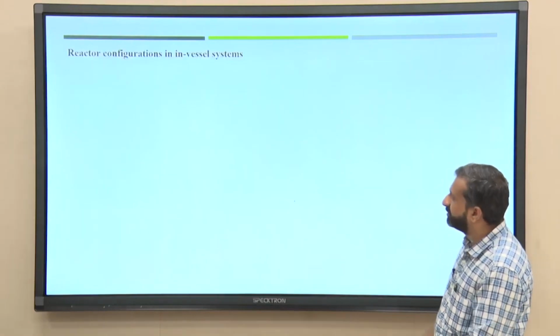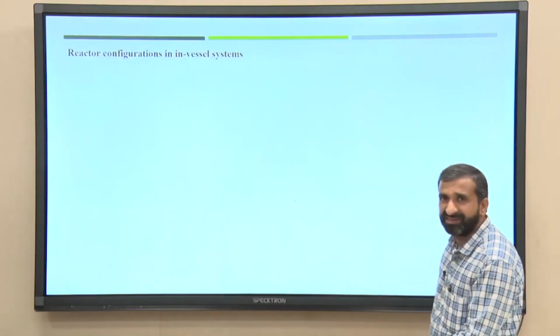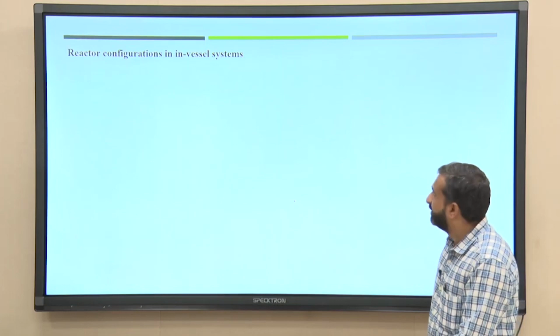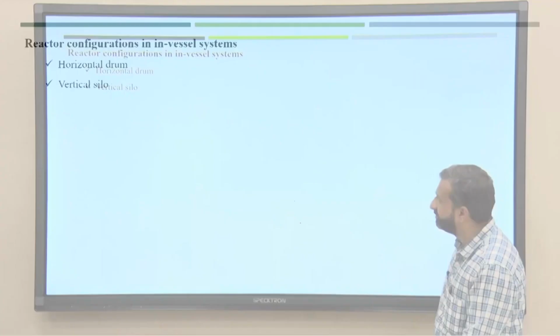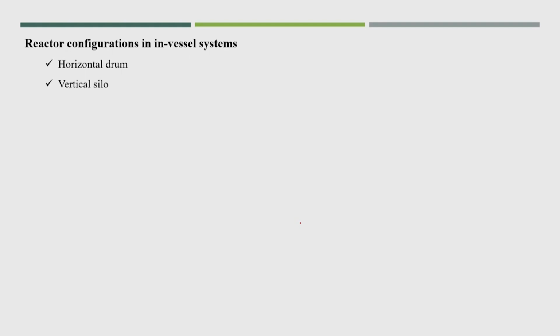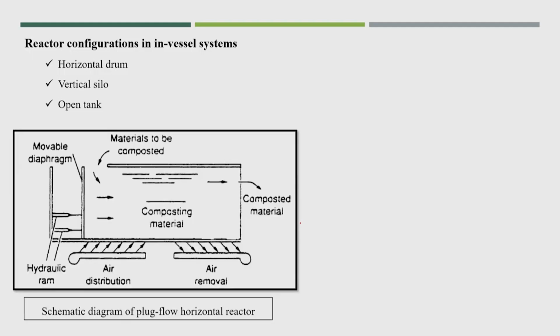Now, what are the important configurations for in-vessel systems? First is the horizontal drum or vertical silo, also the drum type or box kind of vessel, and open tank. Here is a plug flow horizontal reactor.